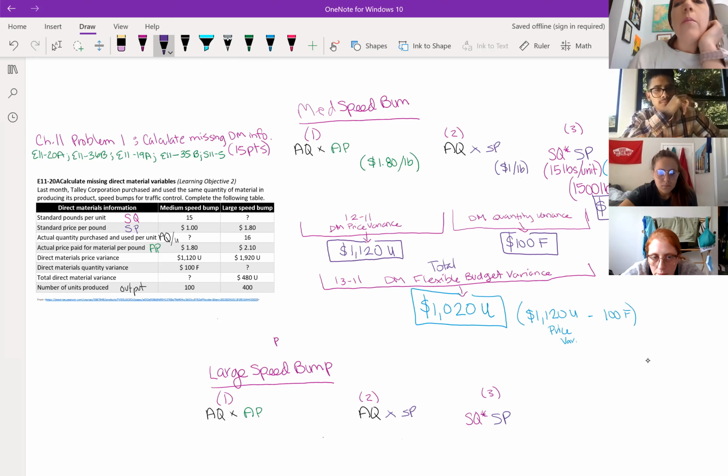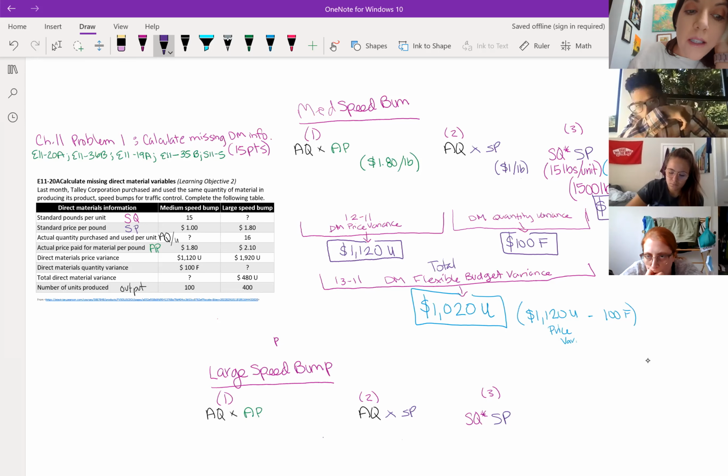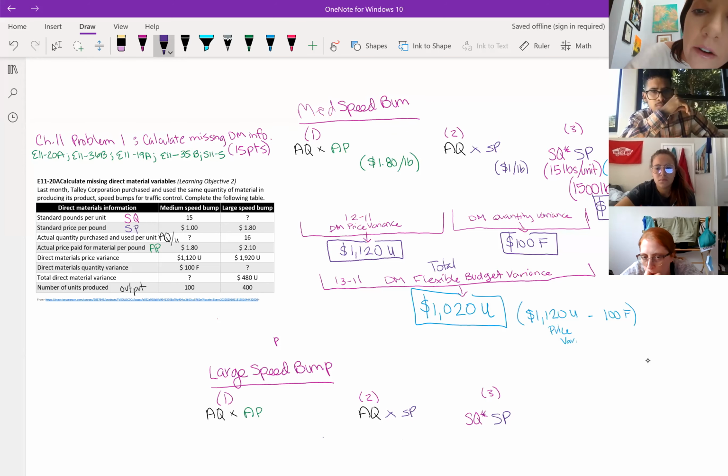So once you have the medium speed bump for this portion done, if we know that our quantity variance is 100 favorable, it means that we used less quantity than we should have. So this one is going to be $100 less than the 1,500. So this has to be 1,400. Correct?